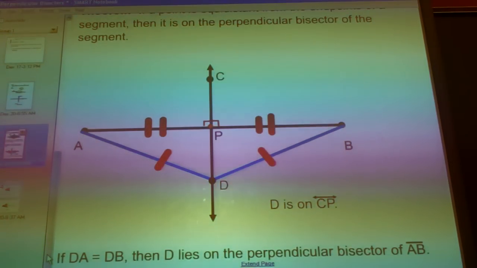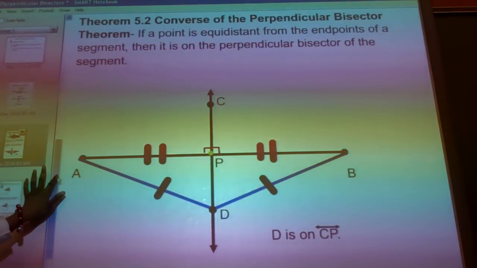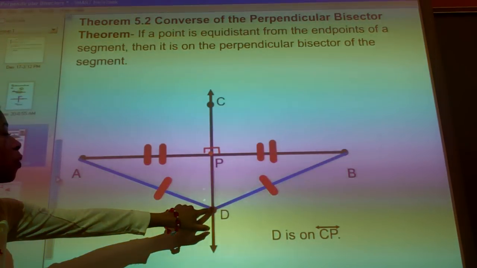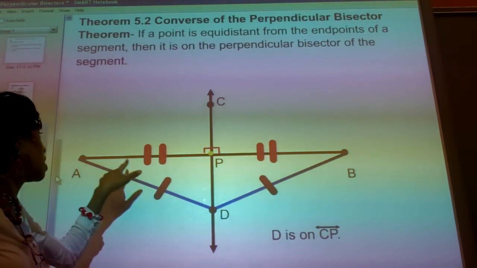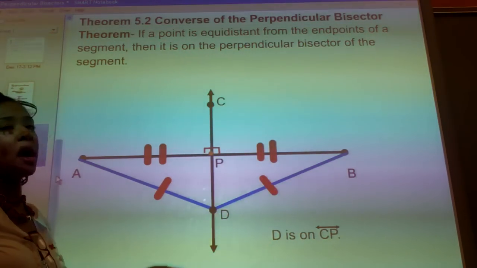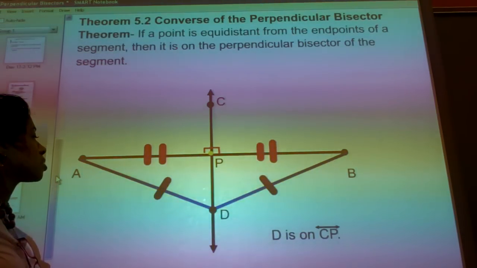So really, for this particular converse, if a point is equal distance, even on an angle, because point D is equal distance from AD to BD, I know it lies on the perpendicular bisector.